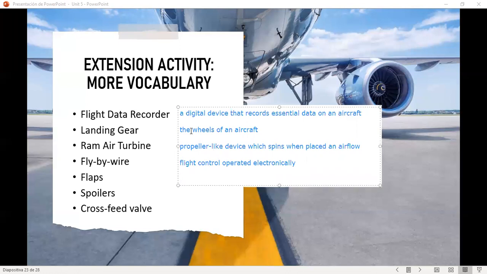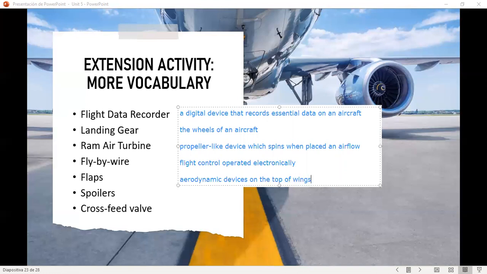What about flaps? Flaps. Aerodynamic devices on the top of the wings.